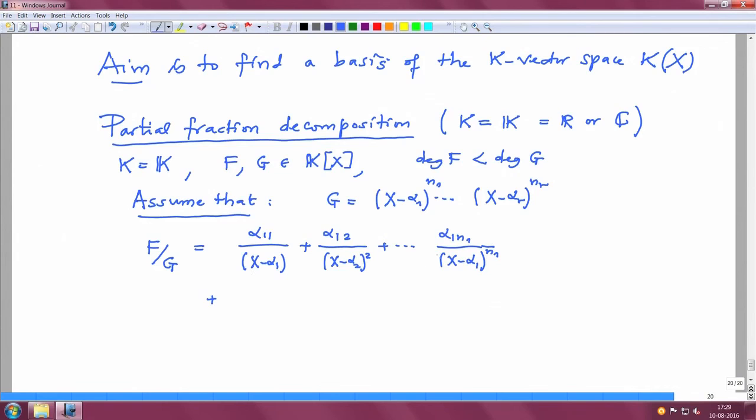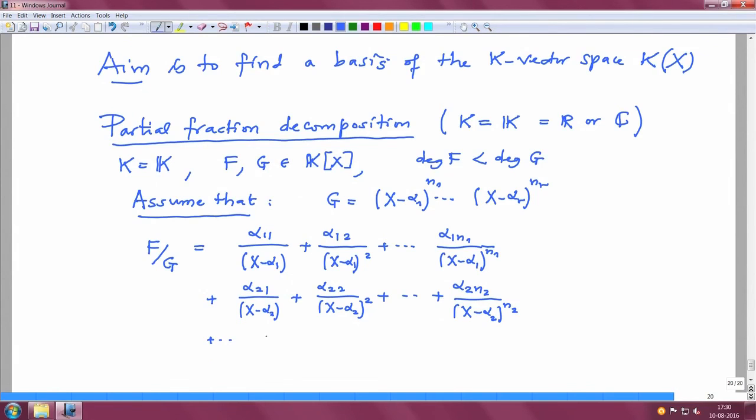This is done for this factor. Then alpha 2 1 divided by x minus alpha 2, plus alpha 2 2 over (x minus alpha 2) squared, and so on, go on till alpha 2 n2 over (x minus alpha 2) power n2, and keep doing this.